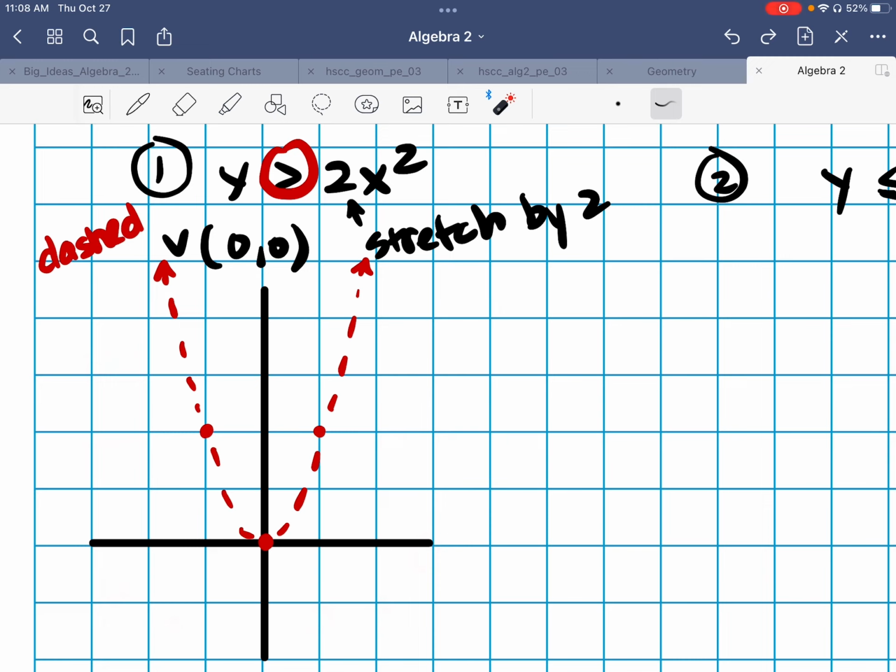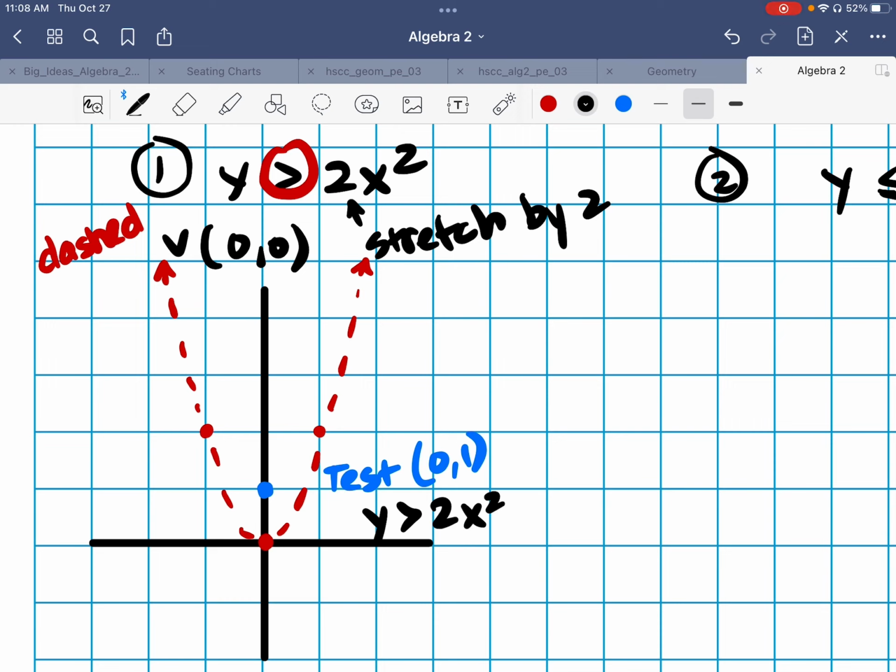The easiest point for me to pick would be this one right here, if I can. So I'm going to pick 0, 1. So we're going to grab the point 0, 1, and we test 0, 1. Now we test it by plugging it into the original inequality, y is greater than 2x squared.